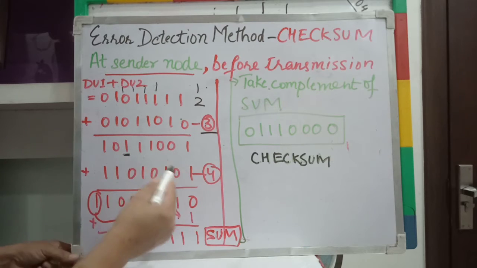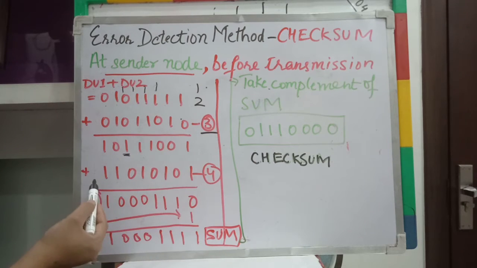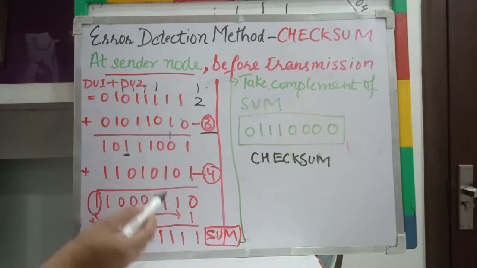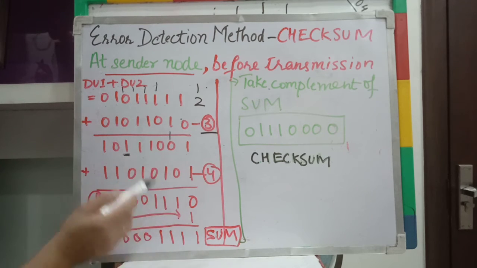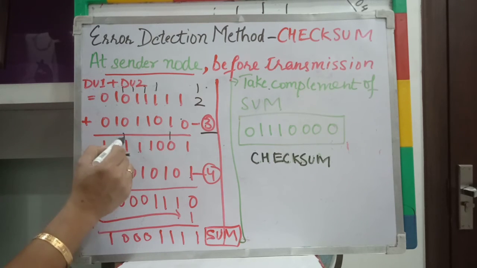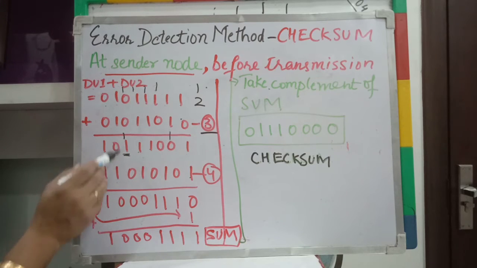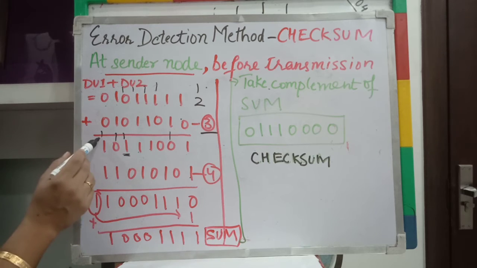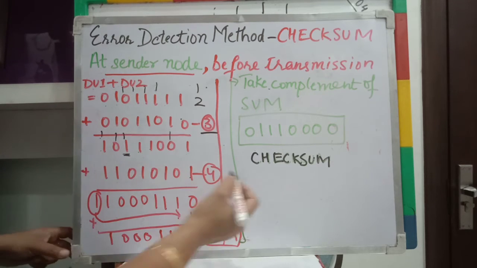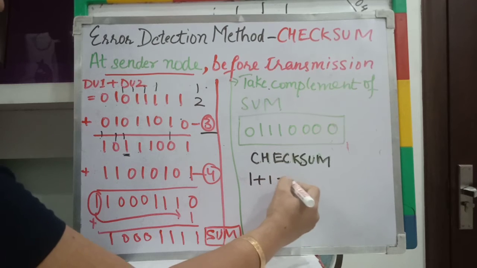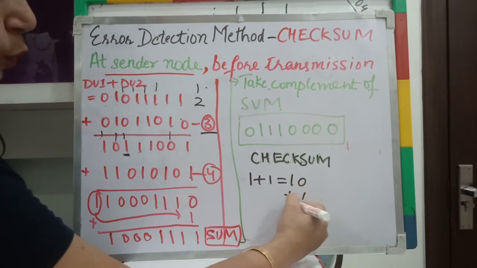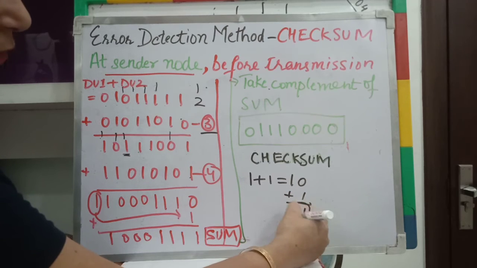Now I add my sum of 1, 2, 3 into the fourth data unit. 1 plus 1 is 0, carry 1. So 1 here, 0 plus 1 is 1, 1 plus 0 is 1, 1 plus 1 again 10, 0 here and carry 1. 1 plus 1 again 0, carry 1. I know 1 plus 1 is equal to 10, and if I add 1 once again, I have 11 here.